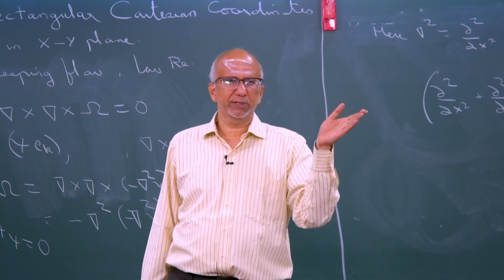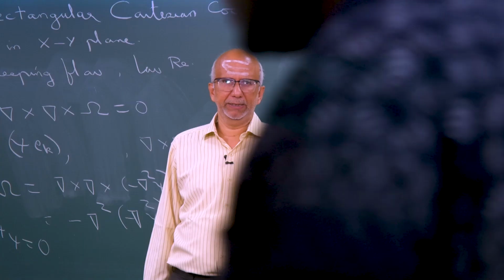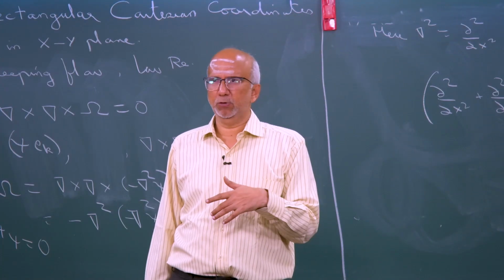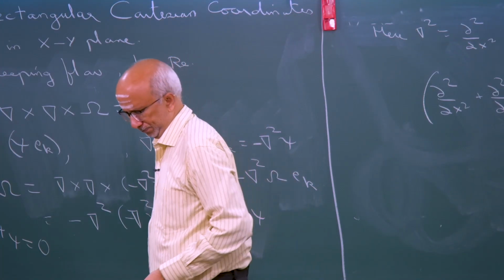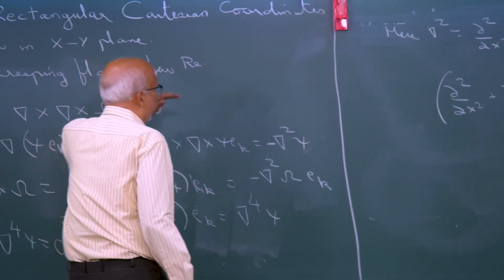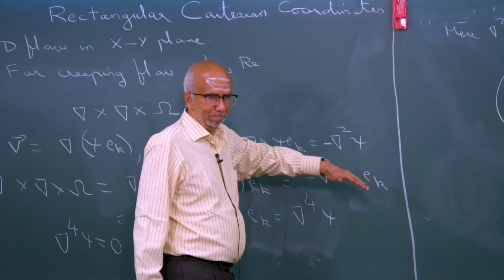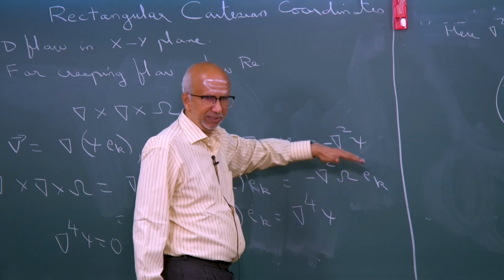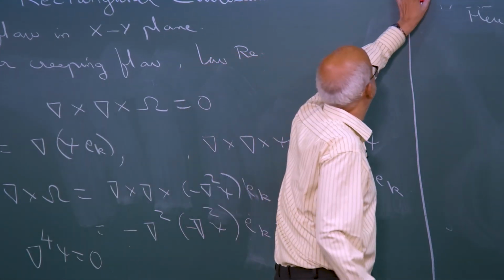We saw that earlier and I just want to explain that. So I am going to do it for cylindrical coordinates and explain the process. Whatever we did for rectangular Cartesian, I am going to move on to cylindrical.